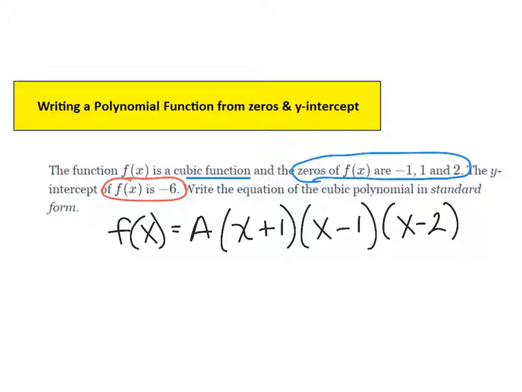What we have to remember about our y-intercept is that the x-coordinate is always 0, and the y value is the output, which is -6. So just like in the last example, we're going to substitute in 0 for x and -6 for y, keeping in mind that f of x is y.